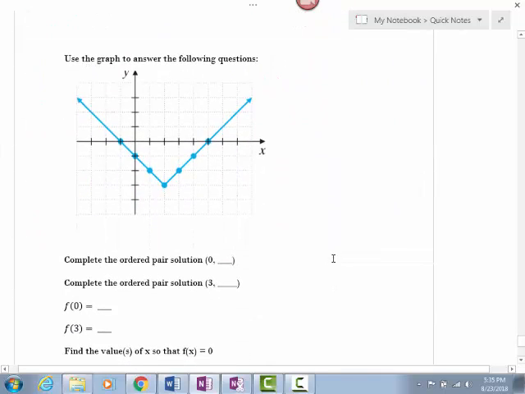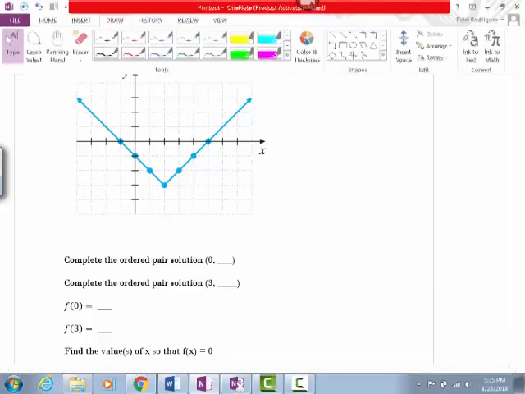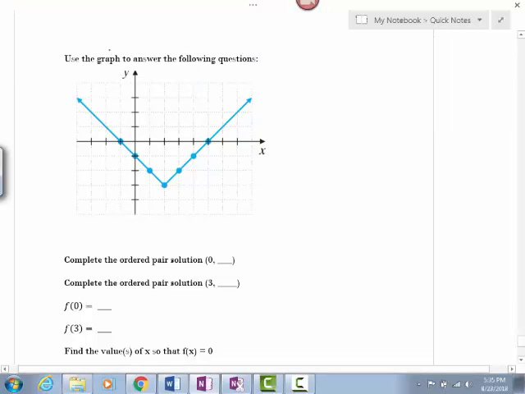All right. So for this next problem here, this is the last problem in 10.6. It says, use the graph to answer the following questions. Every time I teach this, I always tell my students, do yourself a favor and go ahead and label your graph. It's going to make it that much easier to see the numbers.